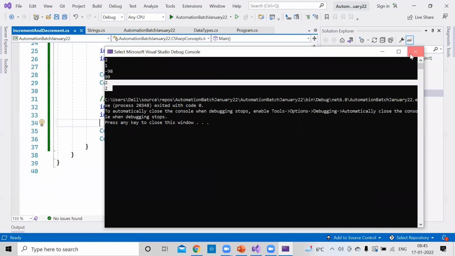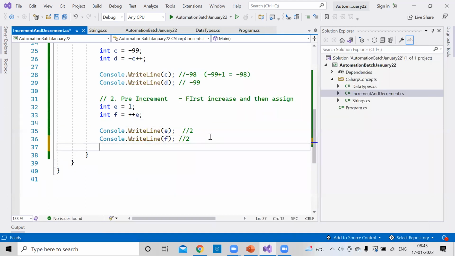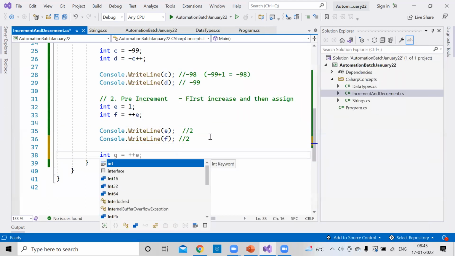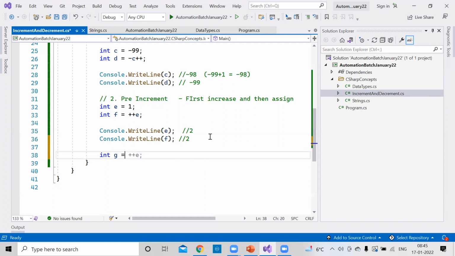Okay. Let us see one more example of pre-increment. Let us say integer g is equal to, define some more integer. Let us say its value is minus 97, and define integer y is equal to x plus plus. So is this pre-increment or post-increment?